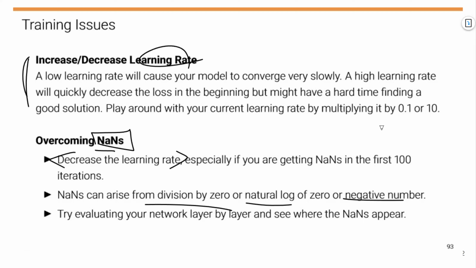So be careful about the numbers that are going into some layers. And when this happens, you need to evaluate your network layer by layer and see where the NaNs appear.